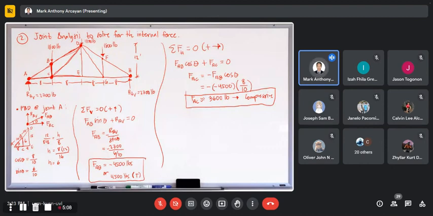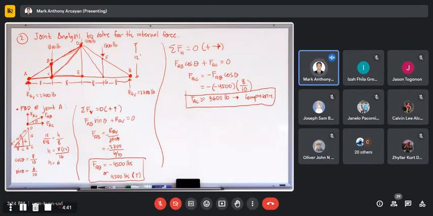Ang wala pa kay DE. Then by symmetry, ang members DG and DF equal sa DC and DB respectively kay symmetrical man siya. So sa atong next pwede ta mo select ani pin E.